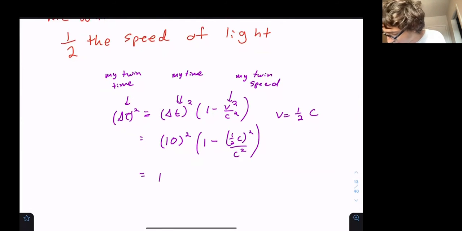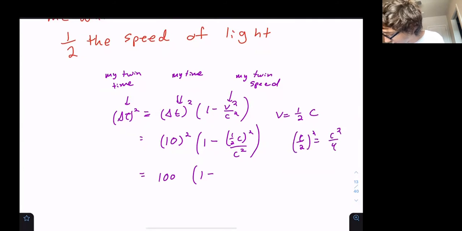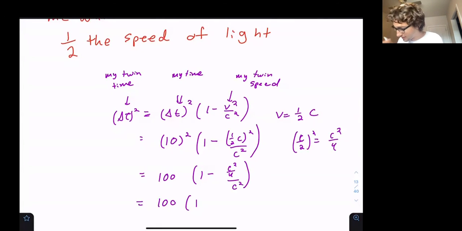So this is 10 squared, so that's 100, times 1 minus (1/2 c) squared, which is c squared over 4, divided by c squared.